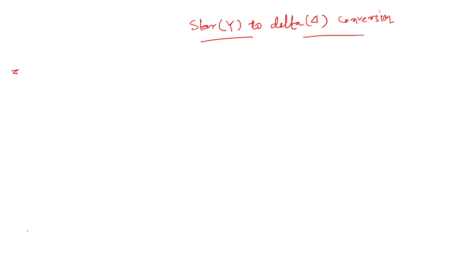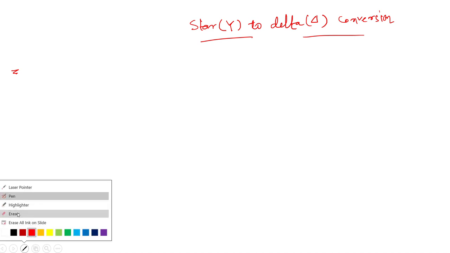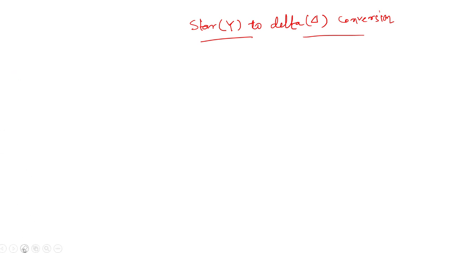Suppose three resistors in star: this is R1, this is R2, this is R3.